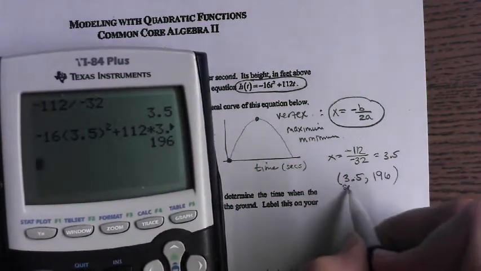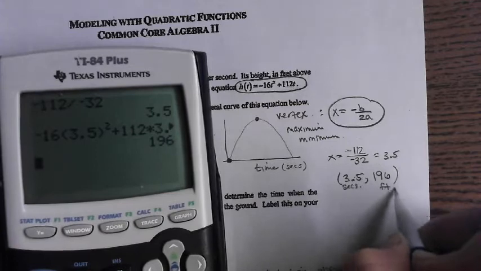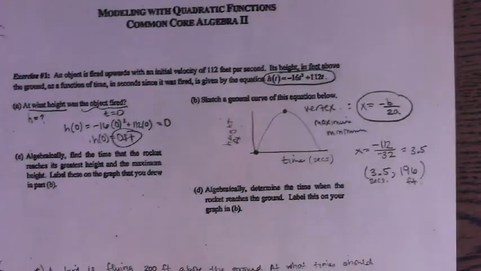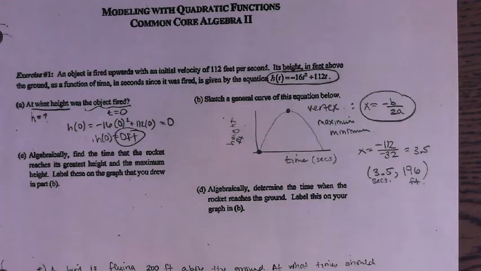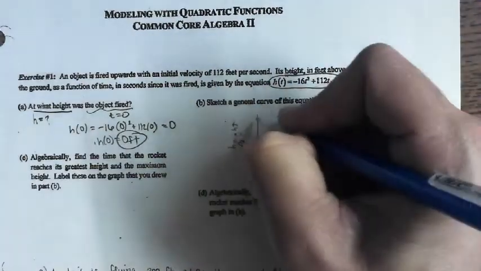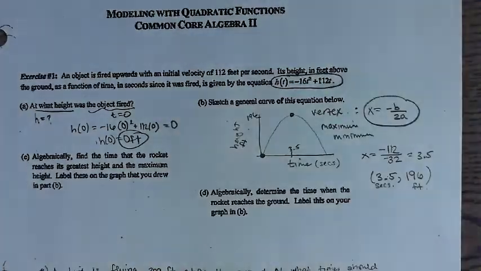So this is seconds. This is feet. So that answer is really part C. Find the time, 3.5 seconds, and find the maximum height, 196 feet. So if you want to, you can label your x-axis 3.5 right there, and this 196 if you want it to be scaled right.